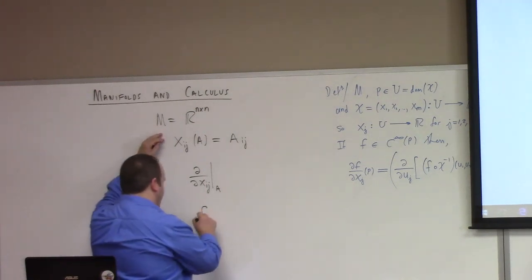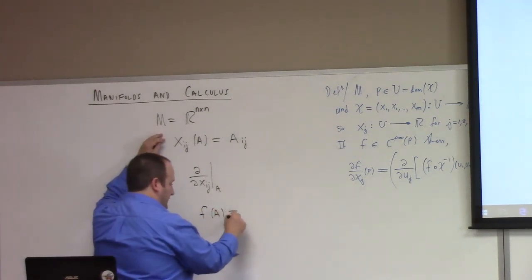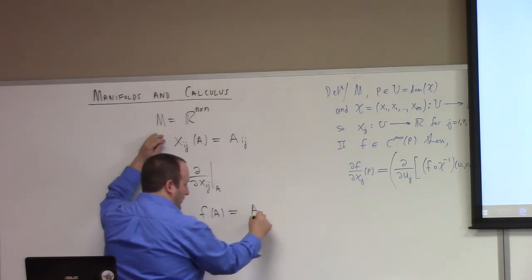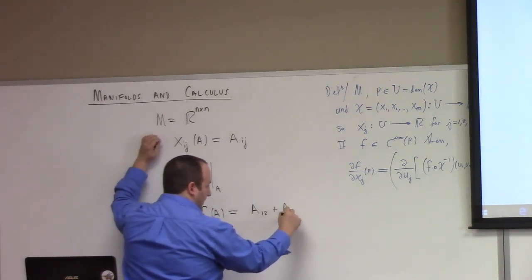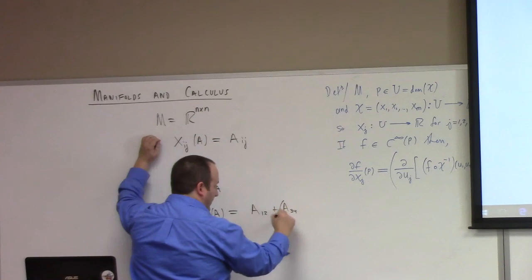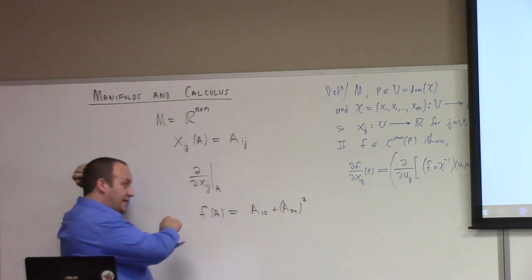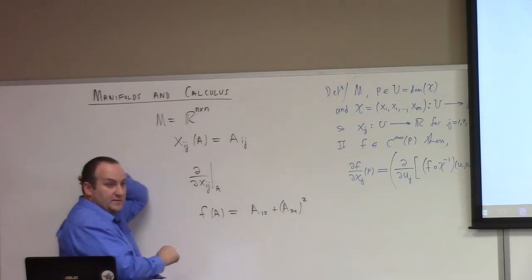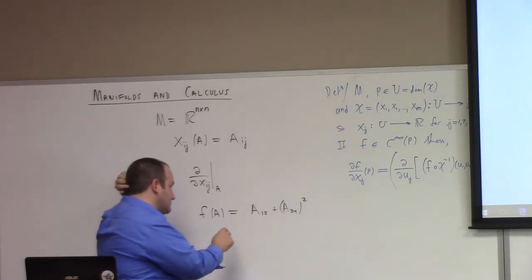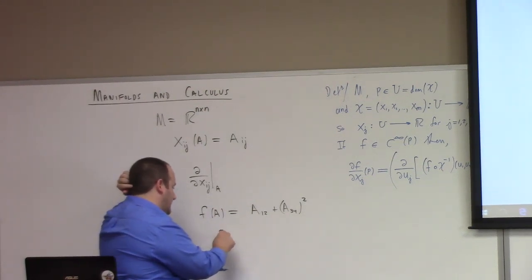What if we define f of A equal to A12 plus A34 squared? That would be a real valued function of matrices. Unfortunately, this doesn't help you understand the definition much.